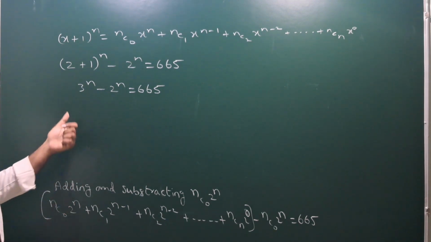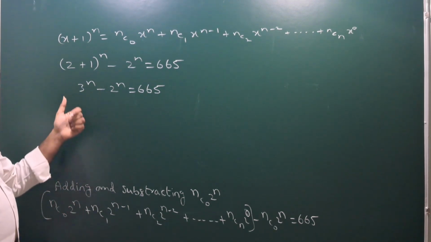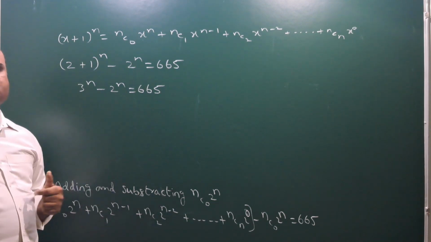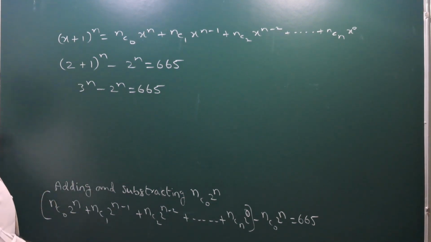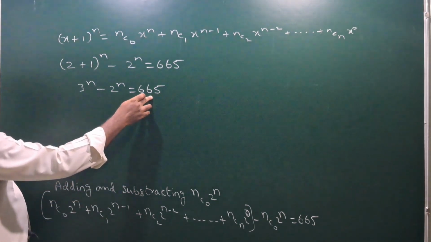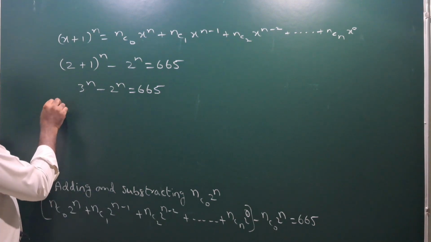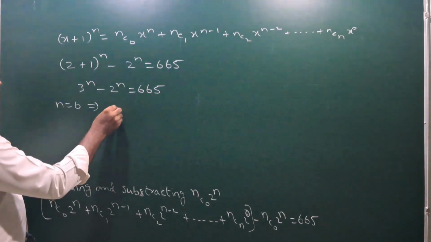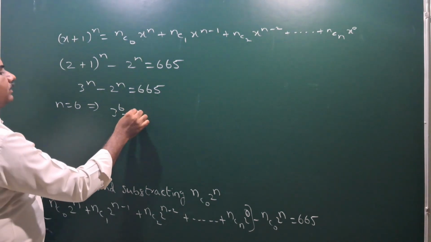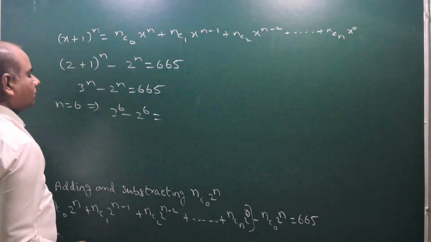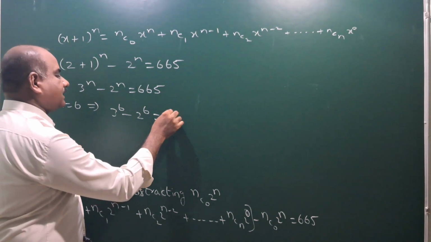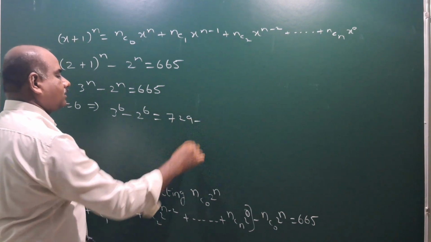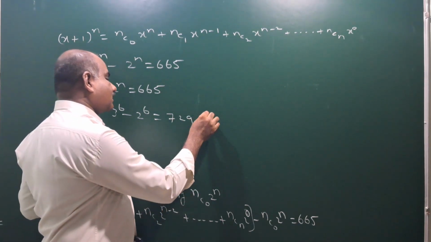So what is the value of n? For what value of n is this equal to 665? Suppose we take n is equal to 6, what do we get? 3 power 6 minus 2 power 6. 3 power 6 means 729, we know that. 2 power 6 means 64.